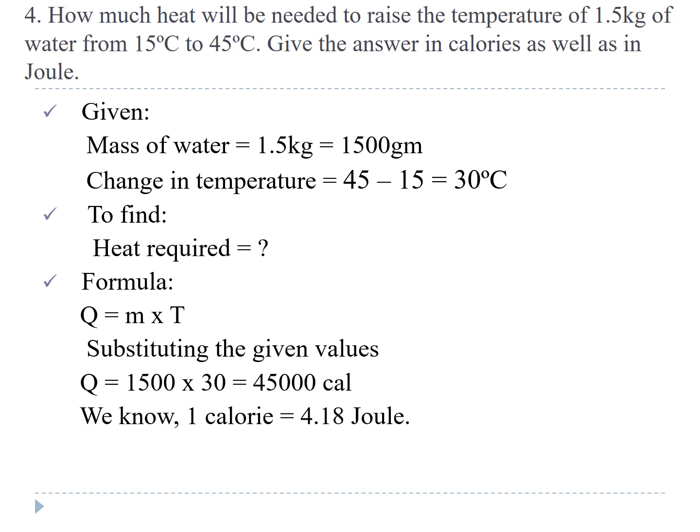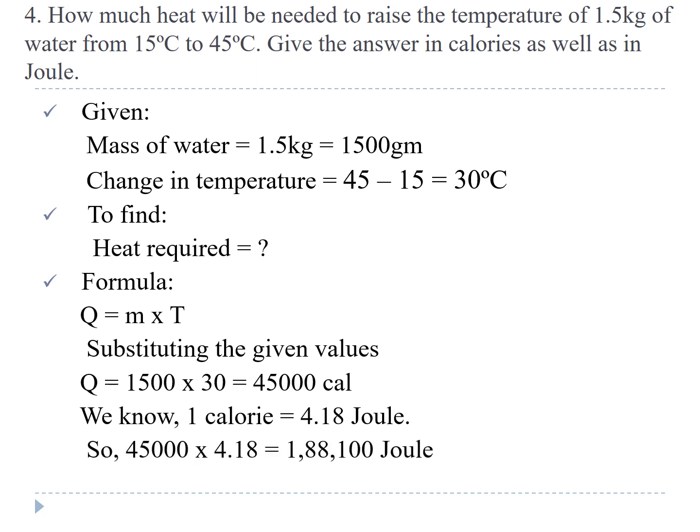This is known to us. What we have to find out, if 1 calorie is 4.18 joule, how much will be 45,000 calorie? So we have to multiply 45,000 into 4.18 to get the answer in joule.